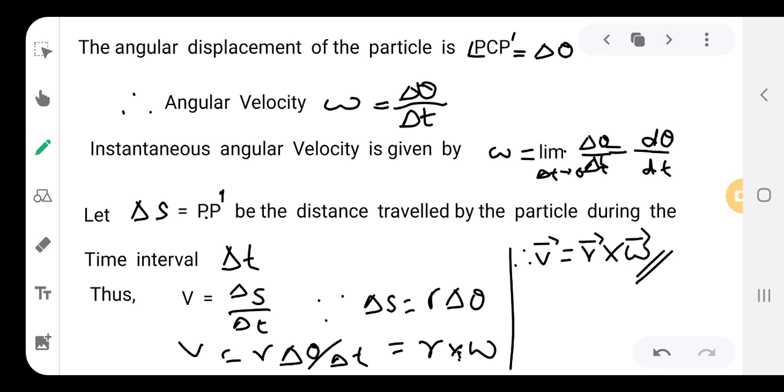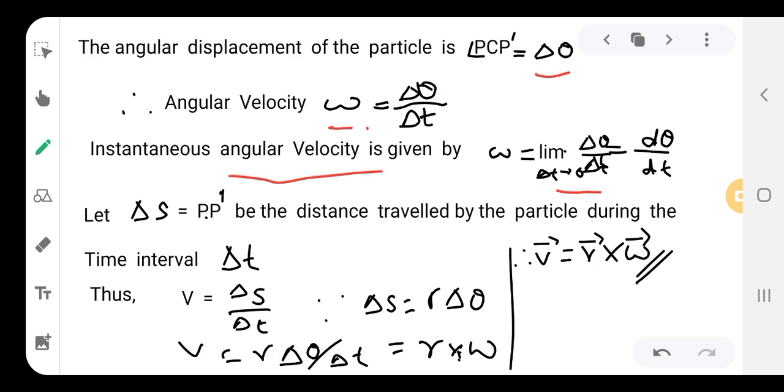Now the angular displacement of the particle, angle PCP', is equal to delta theta. So angular velocity is given by omega equal to delta theta by delta t. Similarly, instantaneous angular velocity is omega equal to the limiting value.